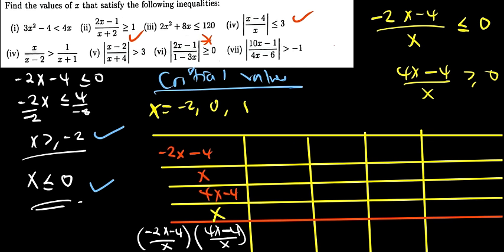Done. Now here I'm going to put negative 2. Then here I'm going to put 0. Here I'm going to put 1. That's all. So one thing we should remember is that the number greater than 1 is 2. Here I can put 0.5. Here I can put negative 1. Here I can put negative 3. Let's see.